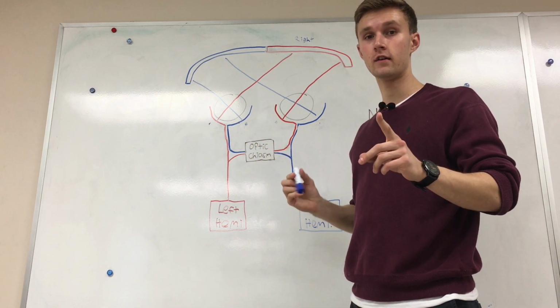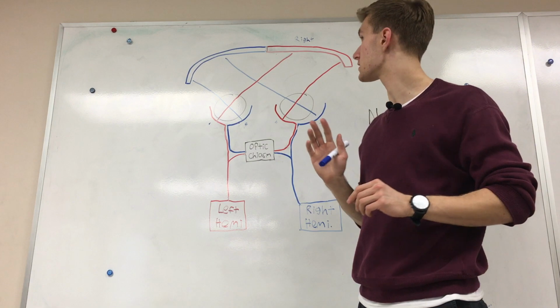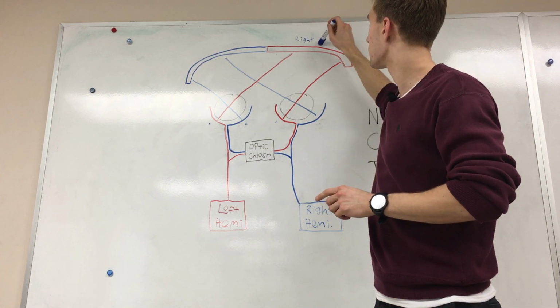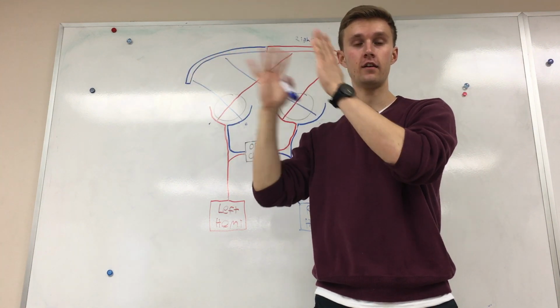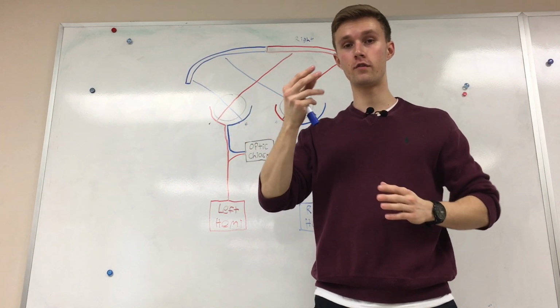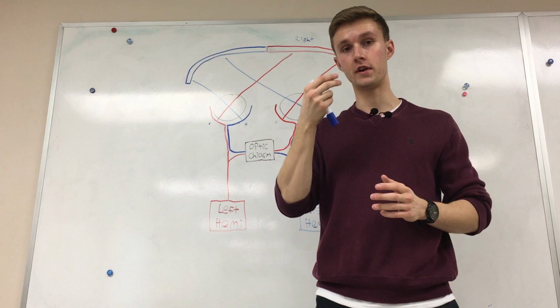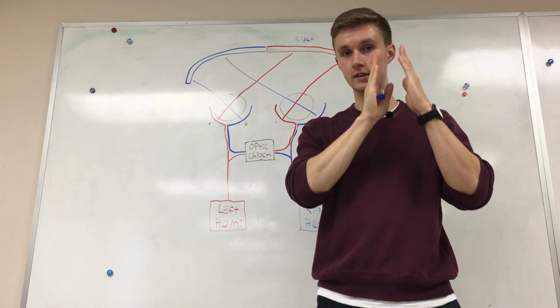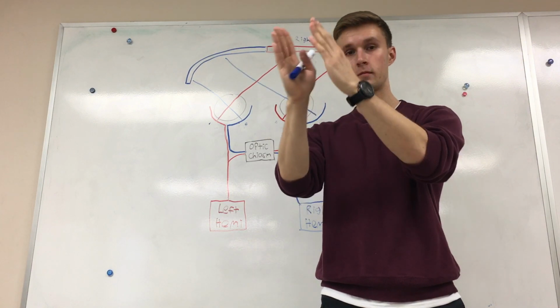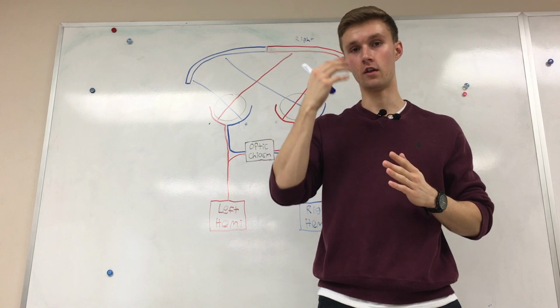Interestingly enough, and if we think about it geometrically, it makes sense. Your right visual field, so if I'm looking at you right now, this side of me is not controlled by this eye in particular, but instead the temporal retina, so looking out this way, and the nasoretina on the right side.